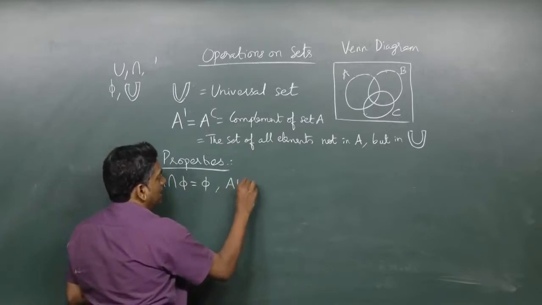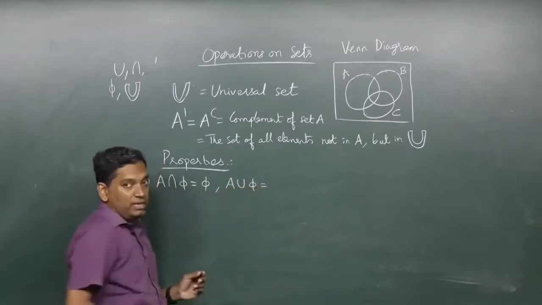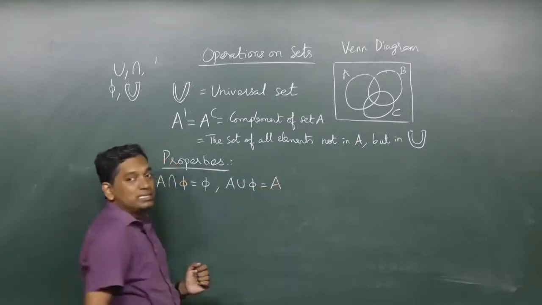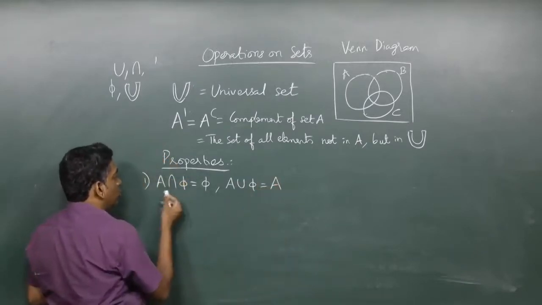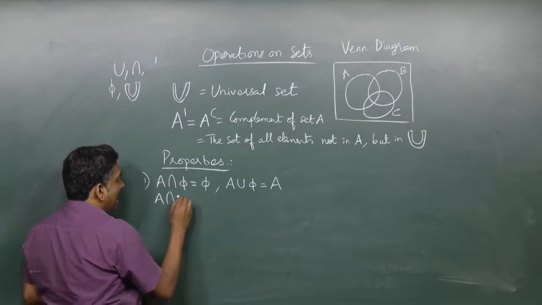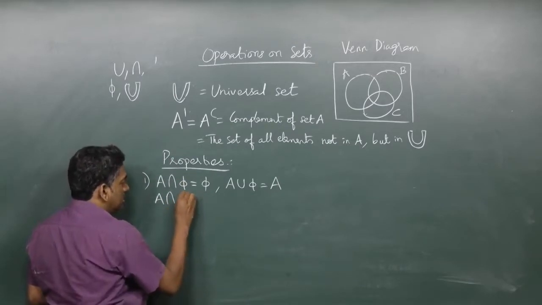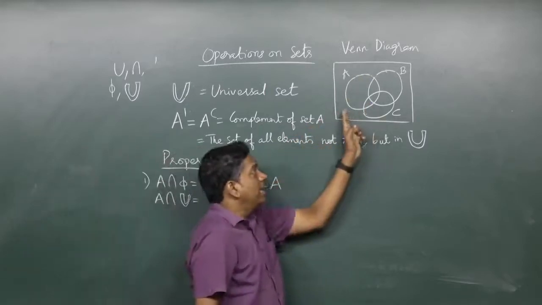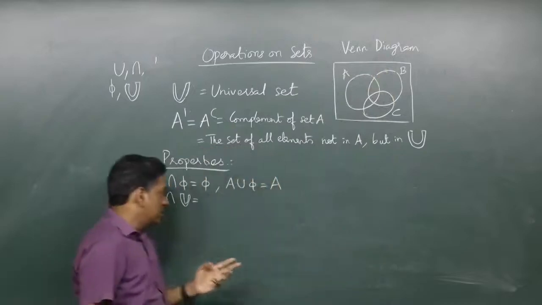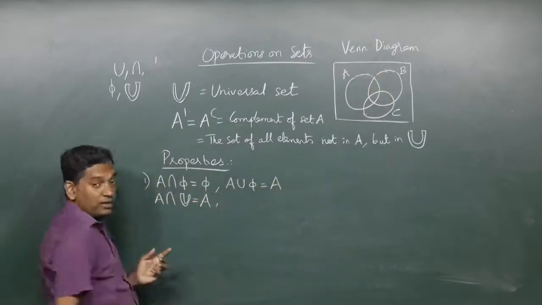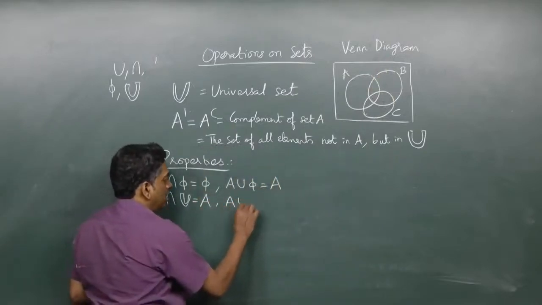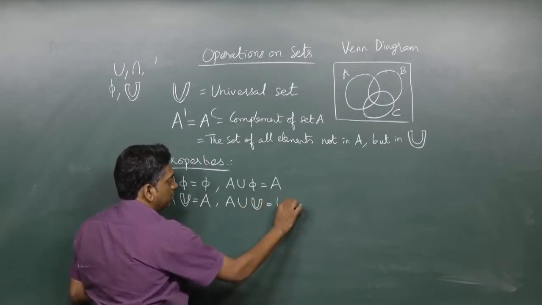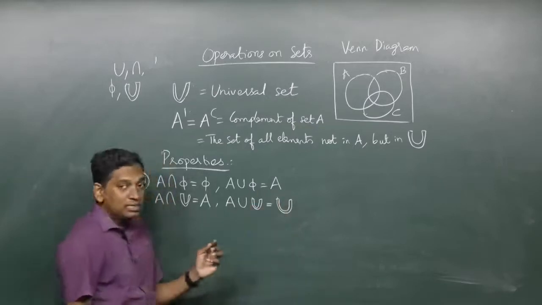Now on the other hand, A union phi, any set union the null set, is going to give you the same set. Now let's try and do these two operations using the universal set. Any set A intersection the universal set is clearly going to be A itself, and similarly A union the universal set is going to be the universal set.